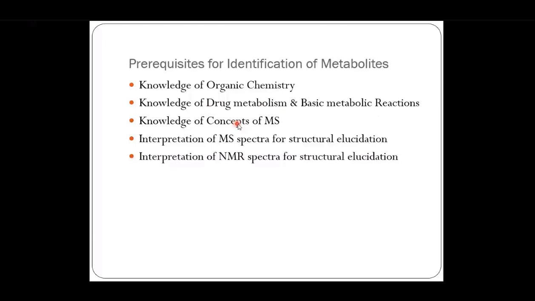Then if NMR is going to be used for confirmation, interpretation of NMR spectra for structural elucidation is required. So for metabolite identification, you require all this knowledge base, so that the analysis of metabolites becomes very easy. Okay.